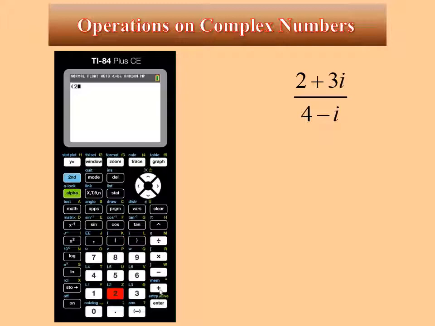Here's 2 plus 3i in parentheses, that's what's on top of the fraction, and then the divide, and then parentheses on the 4 minus i. If you type it like this, I think it'll work every time. Then you can use the math number 1 to transform it back into fractions.